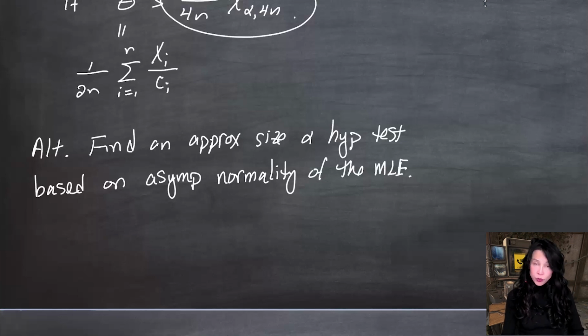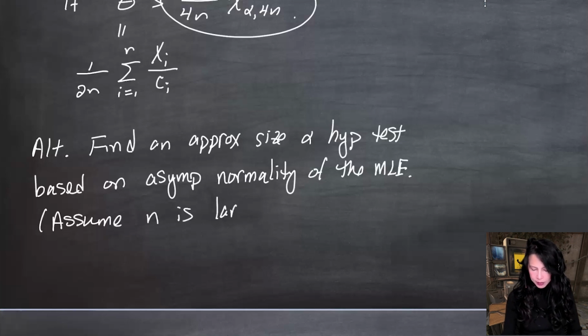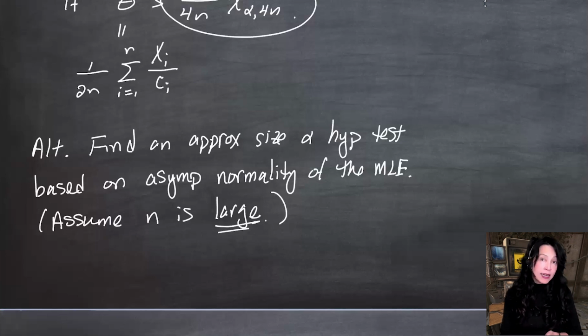So this would assume a large sample, because this is a result that only holds for n in the limit, and so it will approximately hold for large n. And we'll take a look at how large n needs to be.